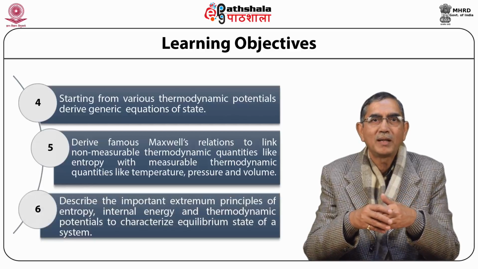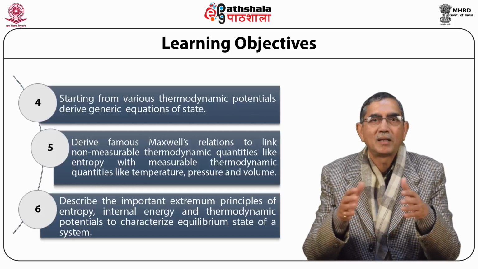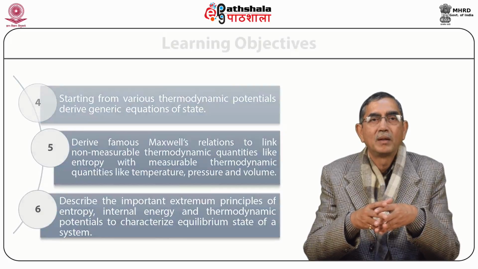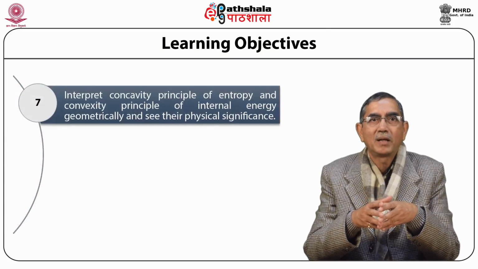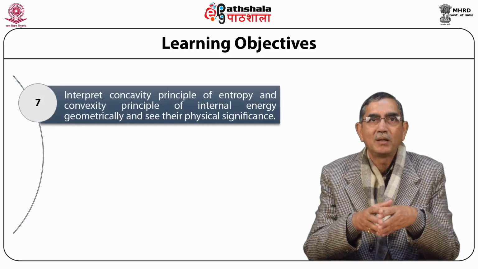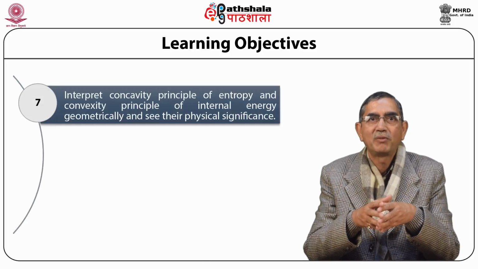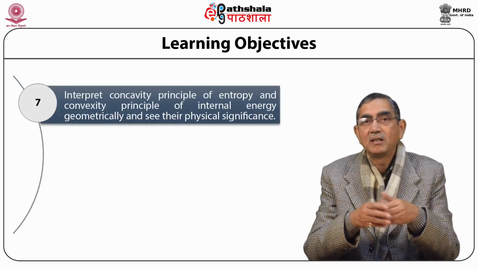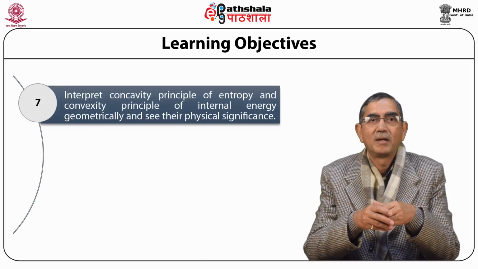Describe the important extremum principles of entropy, internal energy, and thermodynamic potentials to characterize the equilibrium state of a system. Interpret the concavity principle of entropy and the convexity principle of internal energy geometrically and see their physical significance.